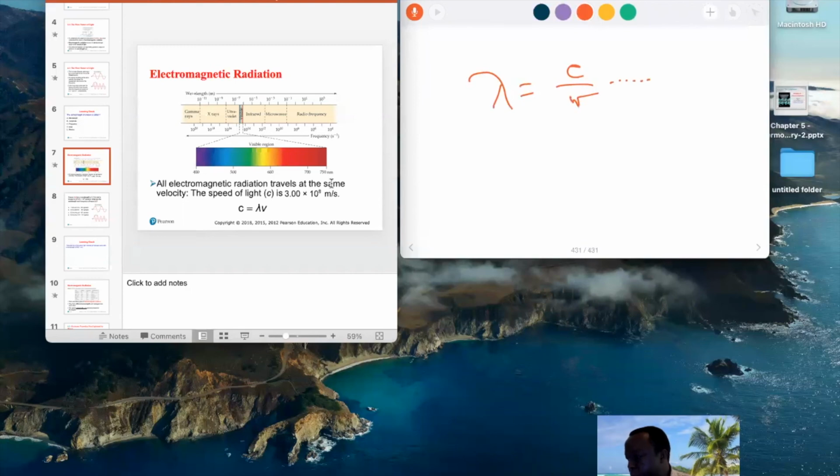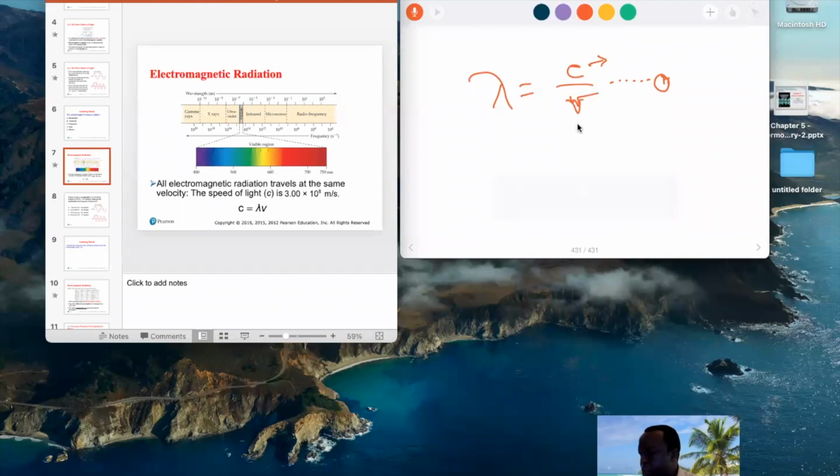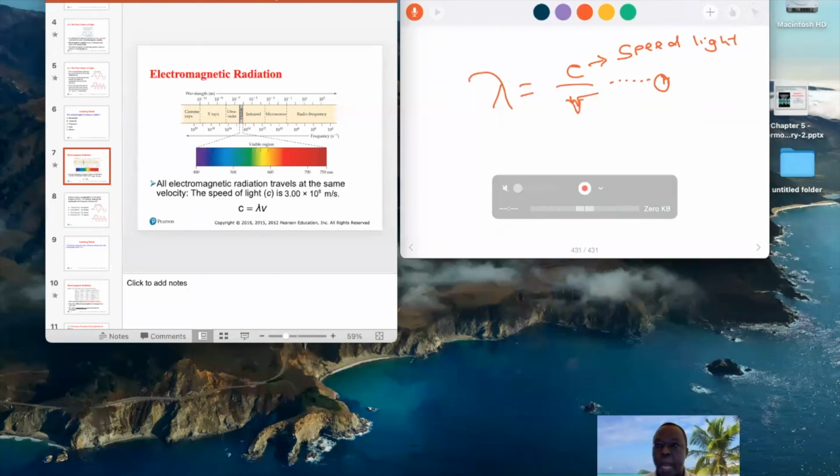The relationship between the wavelength of electromagnetic radiation and its frequency is related using the speed of light. We will start from here next time. I want you to start reading chapter 6.